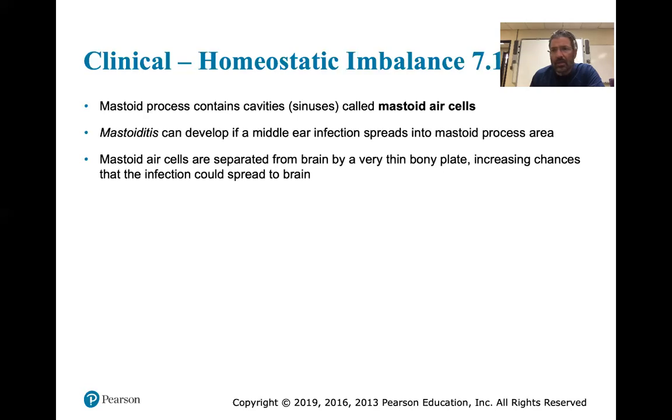If it's in an area or tissue that's thin and active, it can break through the bone, and then we get into the cerebrospinal fluid. If it gets past the meninges, it can cause major systemic issues in the central nervous system, which is never a good thing.